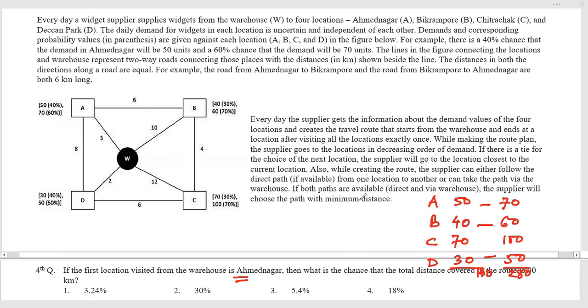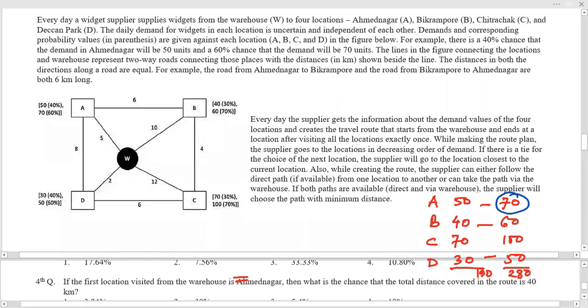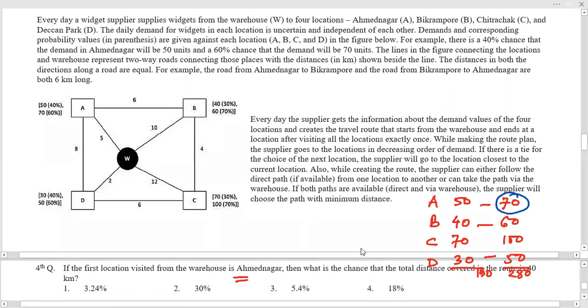So it should be the 70 of A. Then what is the chance that the total distance covered in the route is 40 kilometer. So we need to check with the 40 kilometer concept.